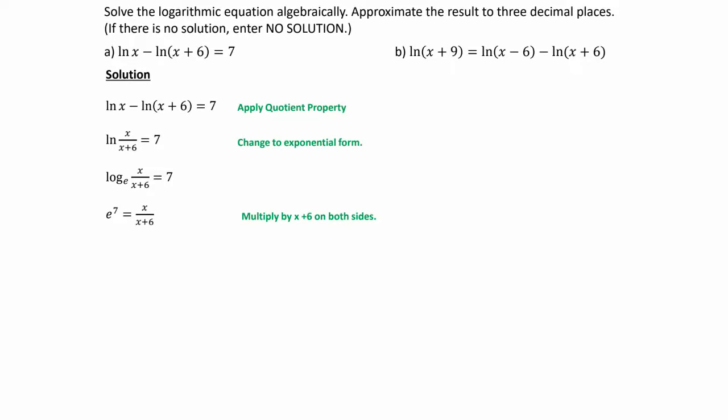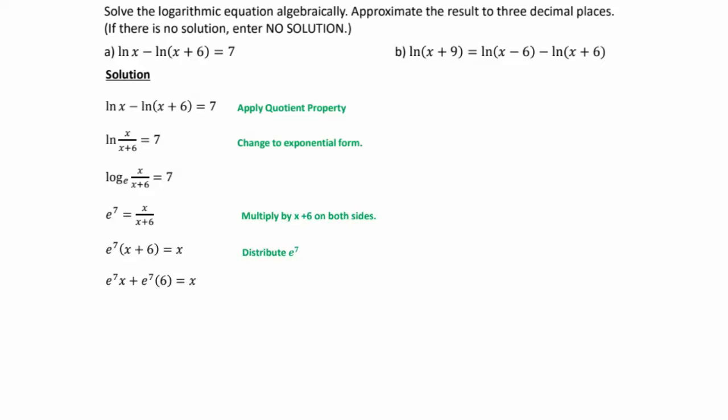Okay, so what we can do is multiply x plus 6 on both sides, distribute the e to the 7, and move everything that does not have an x to the right and everything that has an x to the left. So we can condense them.